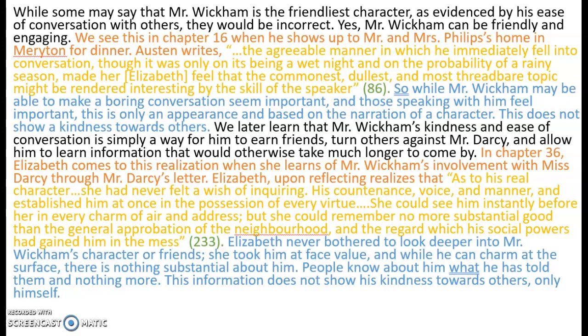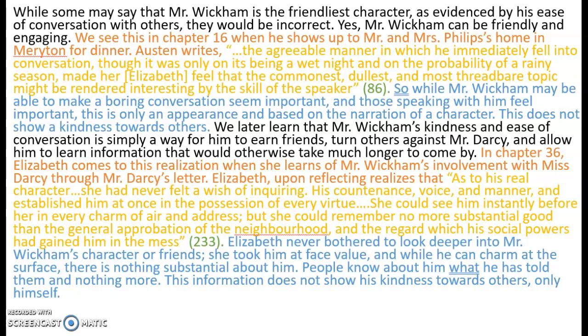His countenance, voice, and manner, had established him at once in the possession of every virtue. She could see him instantly before her in every charm of air and address, but she could remember no more substantial good than the general approbation of the neighborhood and the regard which his social powers had gained him in the mess.